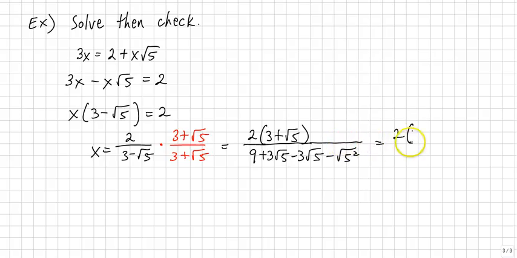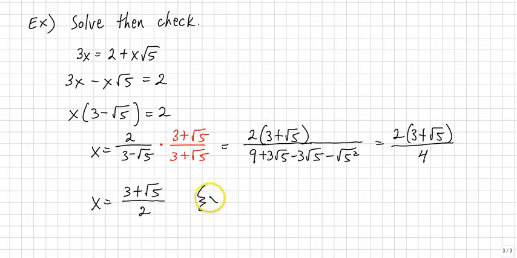So we get 2 times 3 plus the square root of 5. And then on the bottom, we're going to get 9 minus 5, which is 4. And 2/4 will simplify. So x equals 3 plus the square root of 5 all over 2. So that's what we think the answer is. So it'd be the set of all x such that x equals 3 plus the square root of 5 over 2.